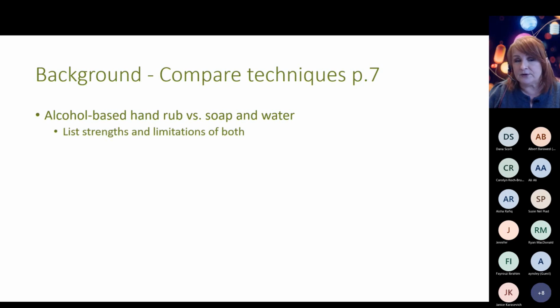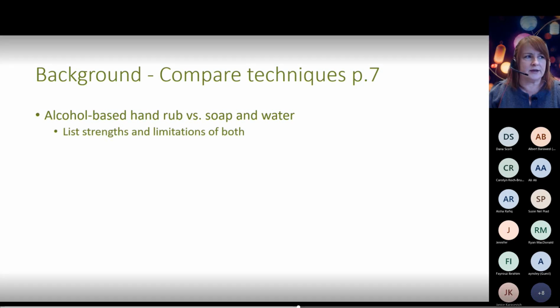If your hands are visibly soiled and you're nowhere near a sink, like say you're providing care in the community or on the side of the street or in a rooming house or something, you can, we recommend using a moist towelette to remove that soiling and then follow with cleaning your hands with alcohol-based hand rub. But that's only if a sink is not around.